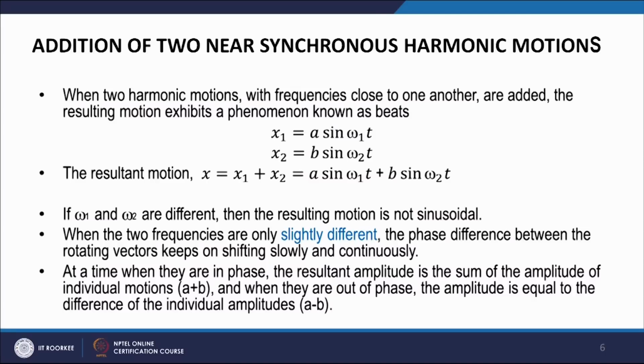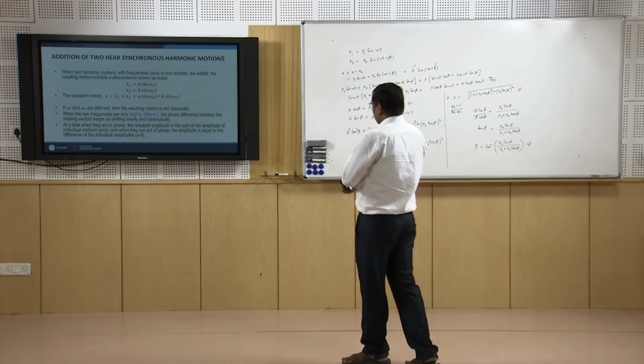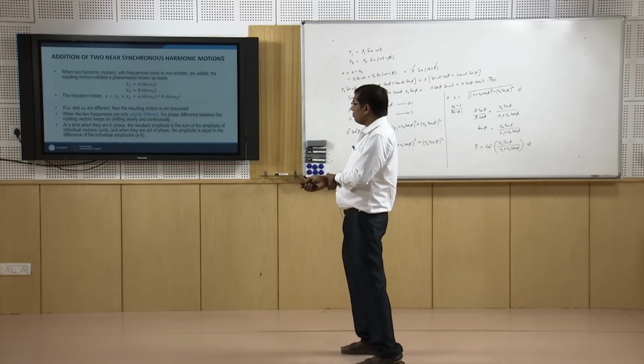So if omega 1 and omega 2 are different, then the resulting motion is not sinusoidal, and when they are slightly different, the phase difference vector rotates continuously and keeps shifting.